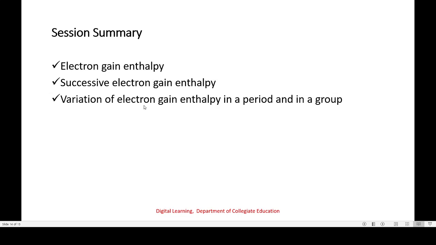Coming to the variation of electron gain enthalpy in a period and a group, we have looked that electron affinity in a group decreases down, whereas it increases across the period.